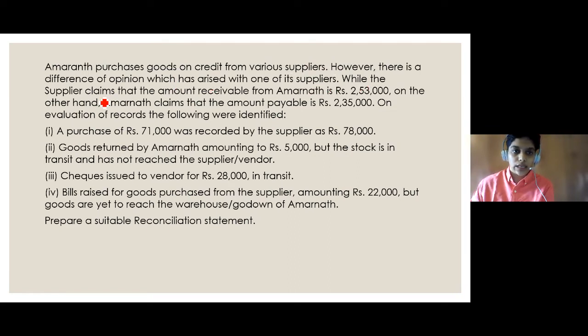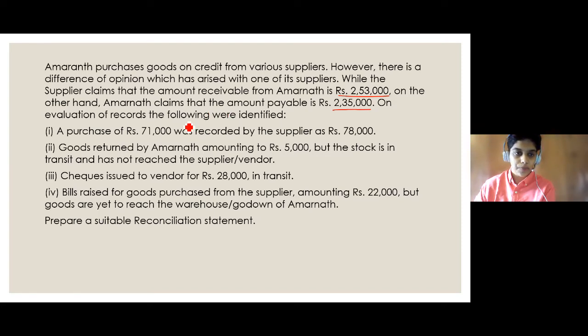While the supplier claims that the amount receivable from Amarnath is rupees 2,53,000, Amarnath claims that the amount payable is rupees 2,35,000. So both the parties are saying that the amount due is different. The supplier is saying 2,53,000 and the owner of the business, the one who owes money, is saying 2,35,000. On evaluation of the records, the following were identified.